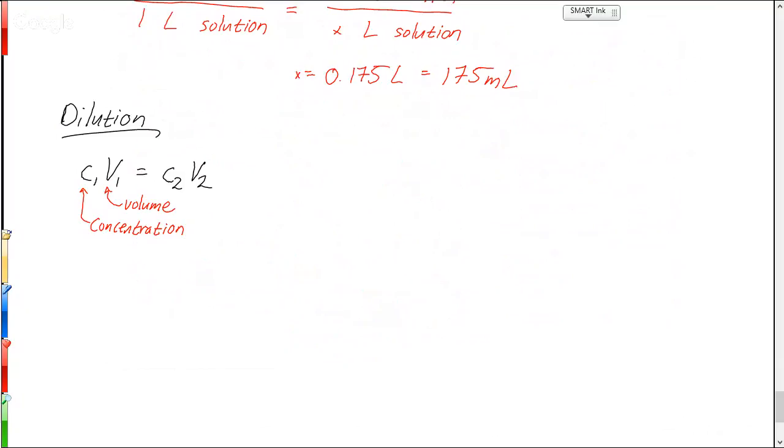So for example, let's say we want 525 milliliters of a 1.20 molar sodium chloride solution.